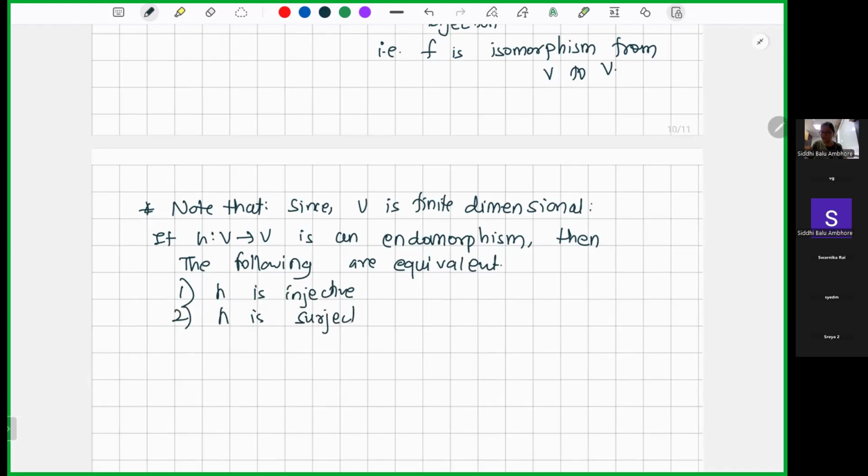So if my function F is a linear function from a finite dimensional vector space to a finite dimensional vector space, then saying that F is injective, surjective, or bijective are all the same thing. One will imply the other.